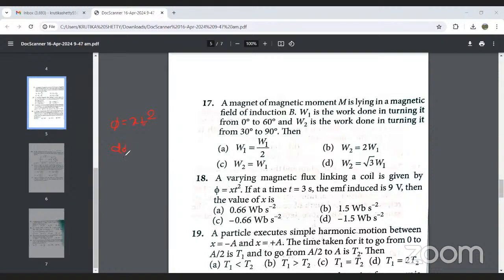If I differentiate this, it becomes d phi by dt is equal to 2x into t. As we know, according to Faraday's law, the EMF is given by minus d phi by dt, which is equal to minus 2x into t. But the EMF value is given as 9.